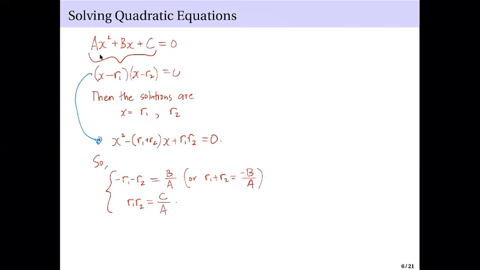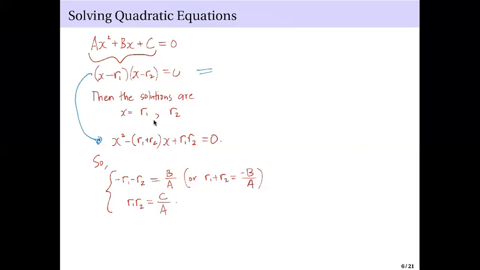But again, the idea is you will need to factor this expression on the left-hand side into something like this. Once you have factored it, you will get the solutions in the following manner.